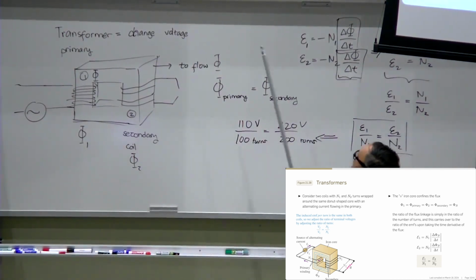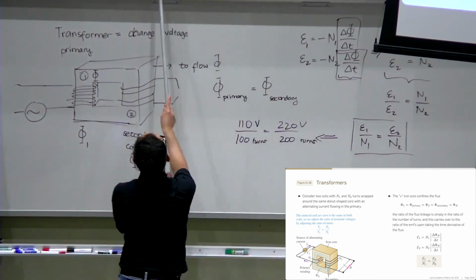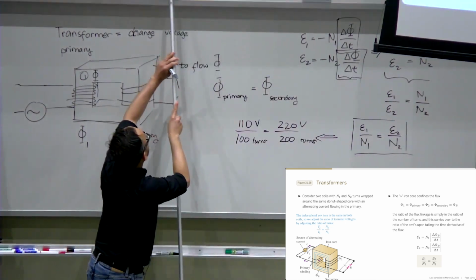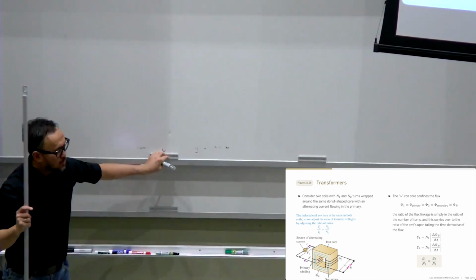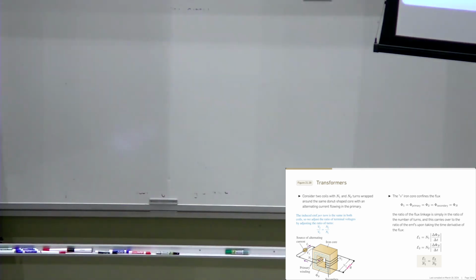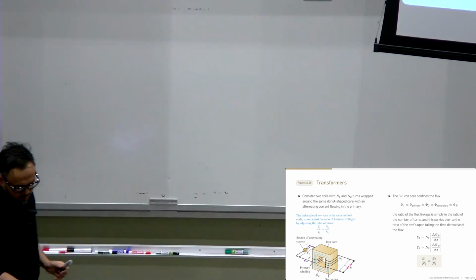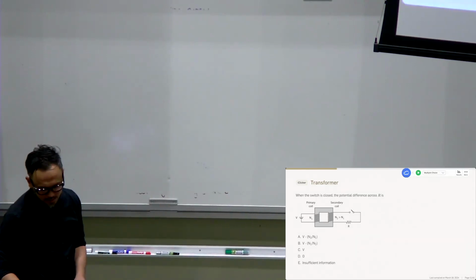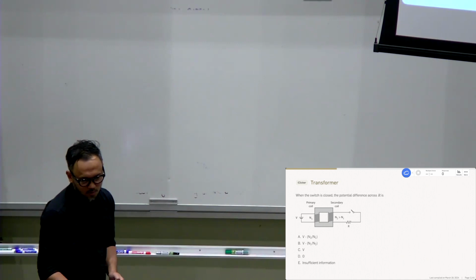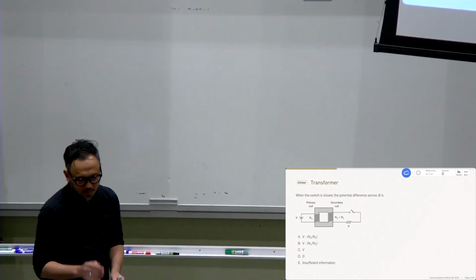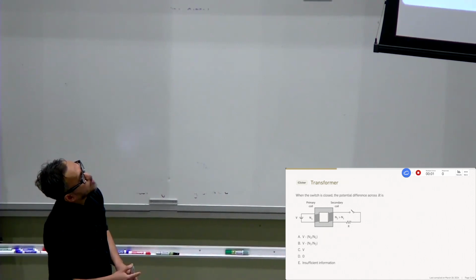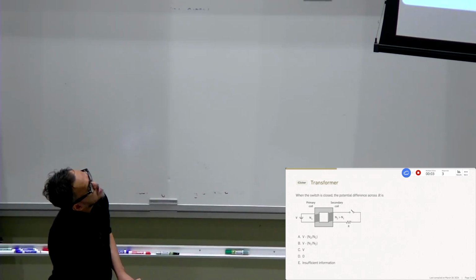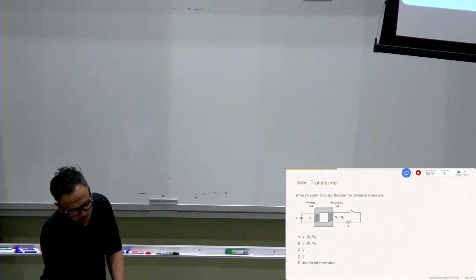So in exam 3, I may ask you a problem that looks like this. Let's send it to iClicker. There is a circuit with two coils with different numbers of turns and an iron core.